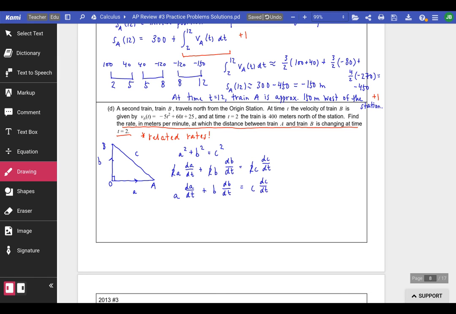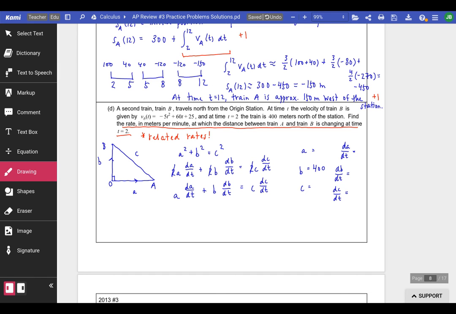So now I've got 6 quantities that I'm concerned with. I've got A, B, and C. I've got dA/dt, dB/dt and dC/dt. So let's see what we know. At this time 2, it's telling us that train B is 400 meters north of the station. So at time 2, I know this is 400.